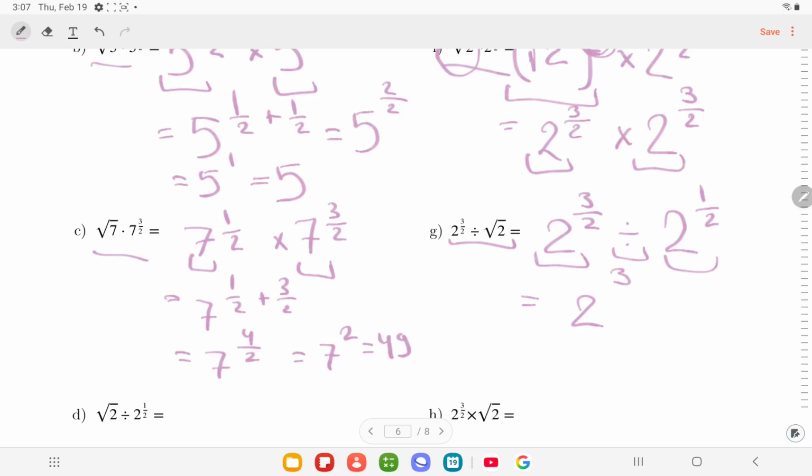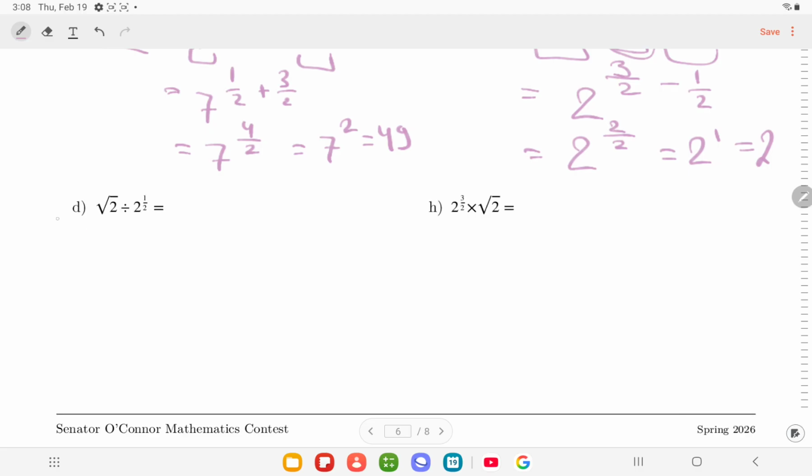As opposed to when we multiply, like here, where we added these exponents. But here, because we are dividing, we can do 3 over 2 minus 1 over 2. So we end up with 2 to the power of 2 over 2, which is 2 to the 1, which is just 2.